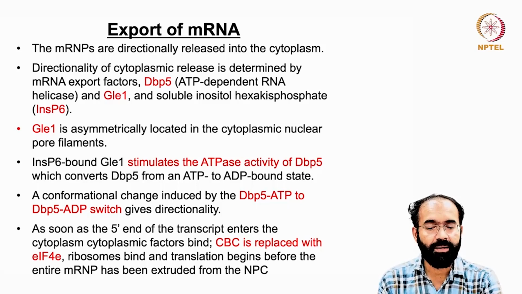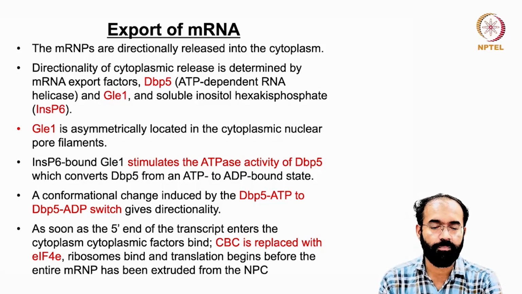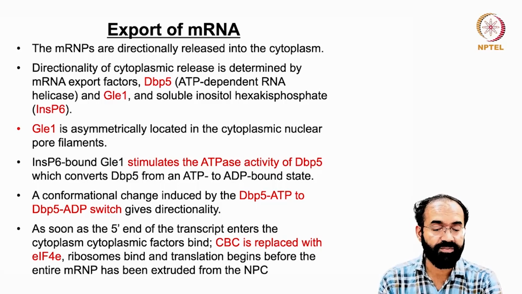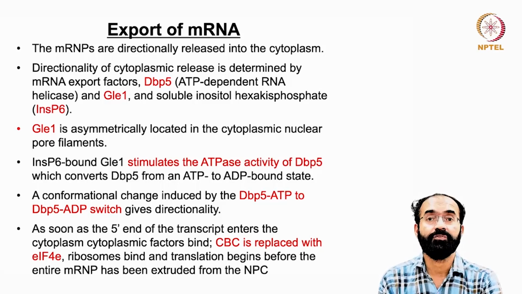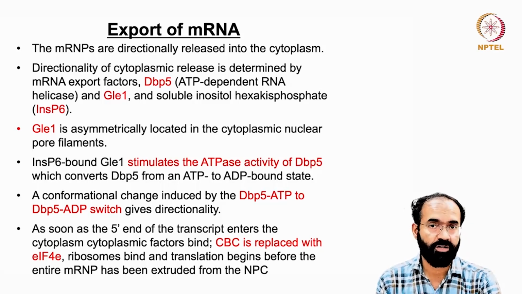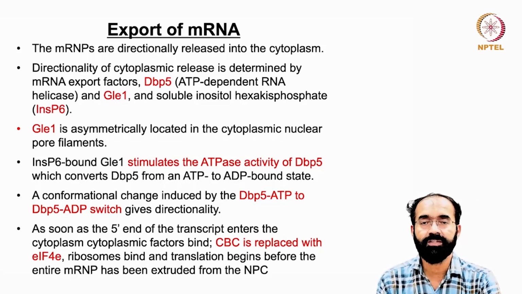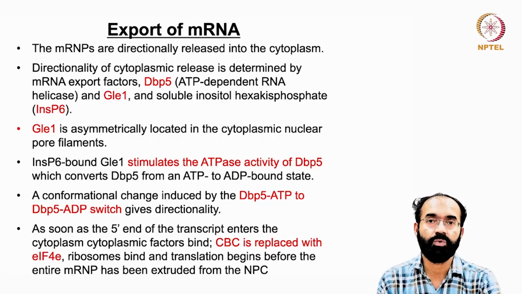As soon as the 5' end of the transcript enters the cytoplasm, cytoplasmic factors bind. That is, CBC is now replaced with eIF4E and the ribosomes bind and translation begins before the entire mRNP has been extruded from the nuclear pore complex. Once an RNA is pushed into the cytoplasm, it is vulnerable to degradation even if it is bound with many proteins, because many nucleases are there.